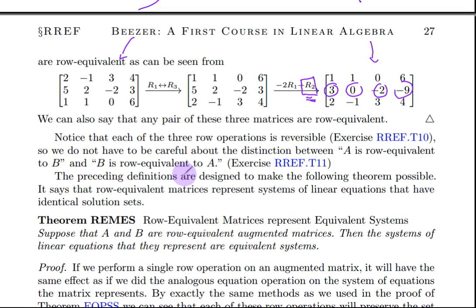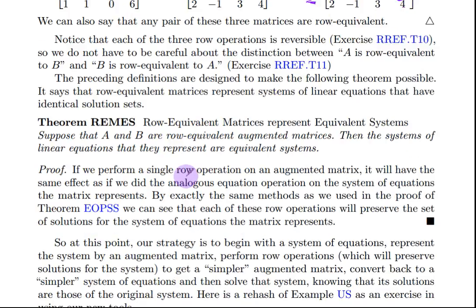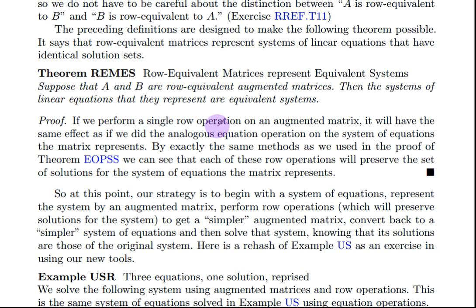Okay? Now, we've said that if you have two systems of equations and you perform equation operations on them, you get a system of equations that have the same solutions. Now we're talking about row operations, and we can express that same idea in terms of row operations.